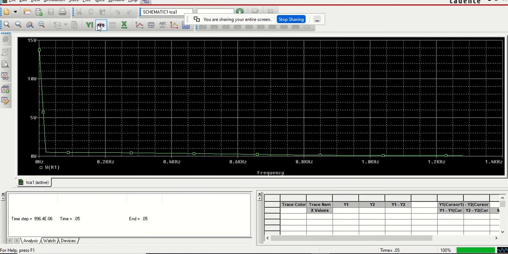The value of the fast Fourier transform we get like this. The power drops from 14 volt to 0 volt. That's all from the simulation.